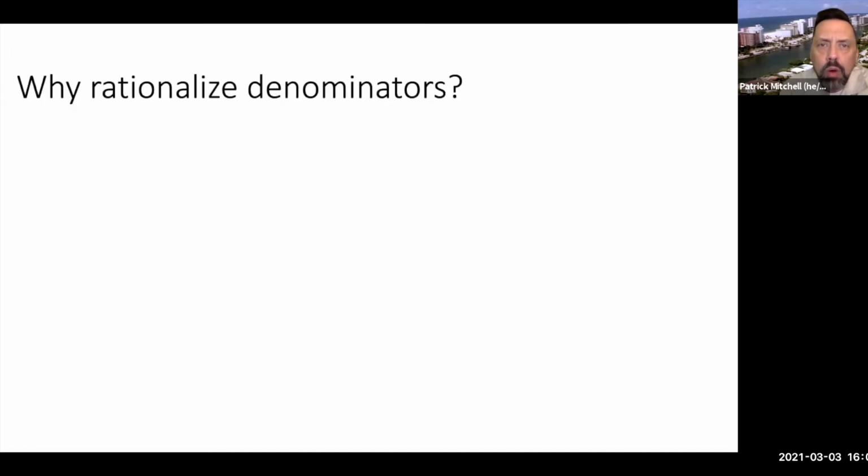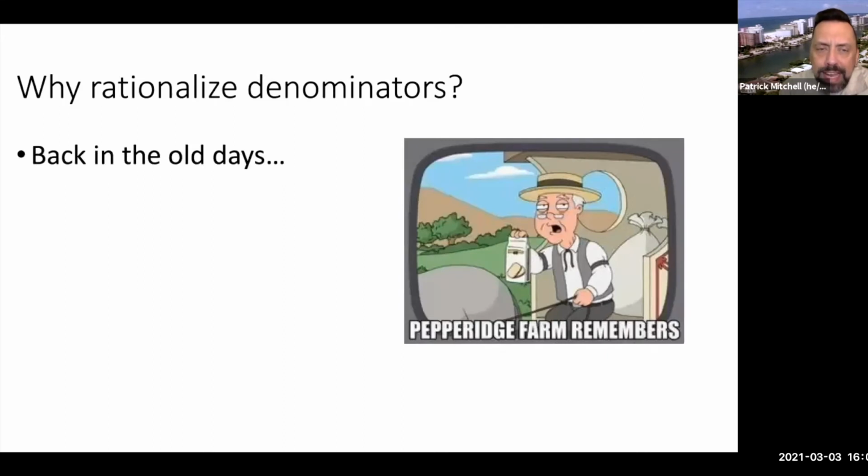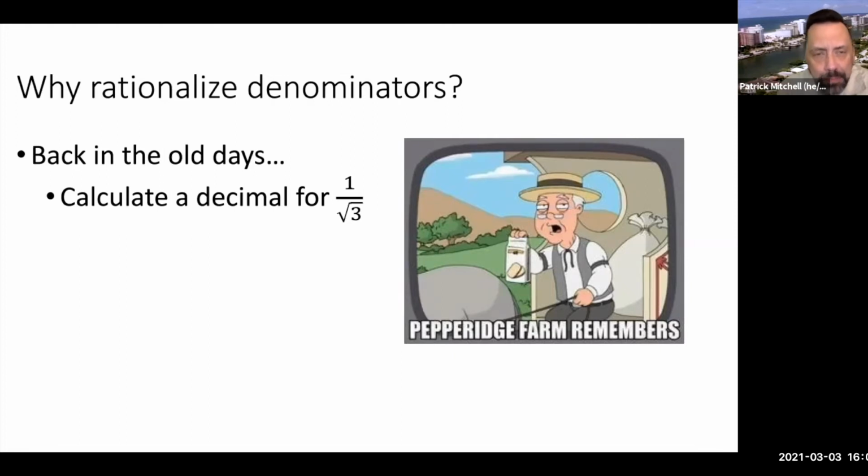All right, so the big question about doing this is why do we do it? And of course, I'm going to have to explain to you what it means. So back in the old days, when you saw an expression like 1 over the square root of 3, and you had to calculate a decimal approximation for that, well, people did not carry calculators around.